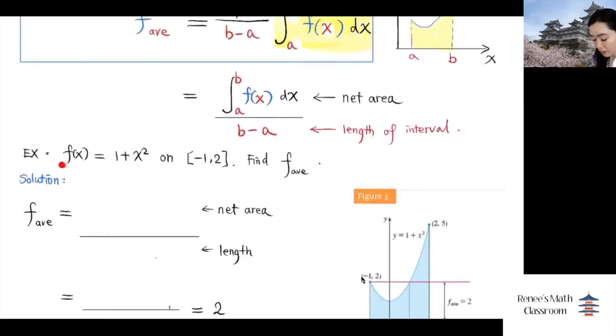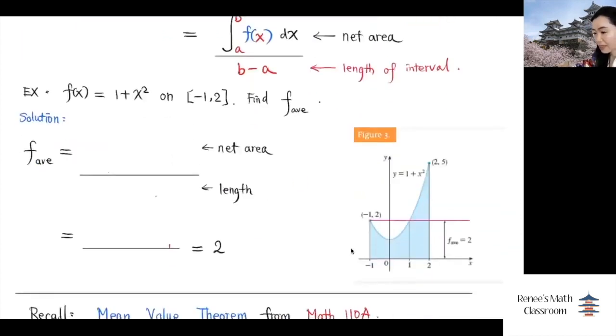Now we have this function, f of x equal to 1 plus x squared on this interval from -1 to 2. Let's find the average value of this function. So, anyone? What should I put on top as the numerator? Remember, it's the net area, right? What's the net area of this function? Integral of what? -1 to 2.